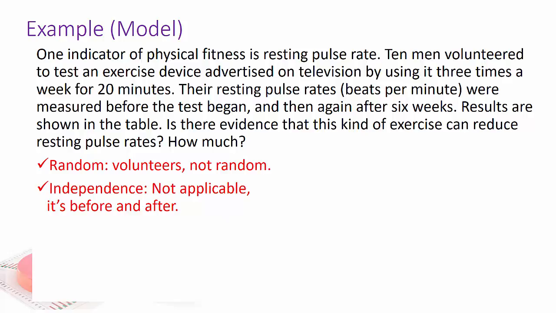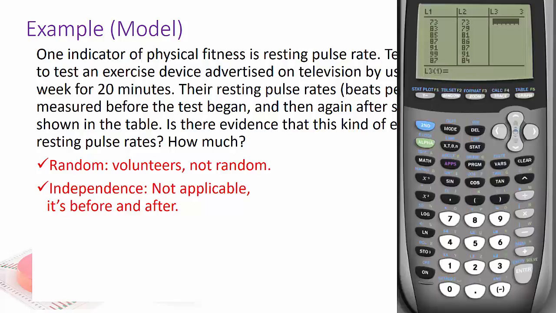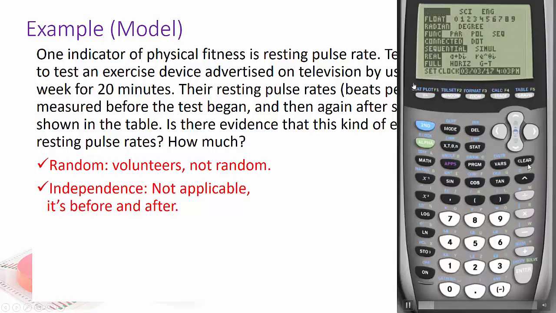Now, we also need to check the nearly normal condition, which means we're going to have to graph a histogram of the differences. So I'm going to show you a quick way to get that. What you're going to do is create a new list. So I already entered L1 and L2. So this is before, that's after. And I want to do L1 minus L2.